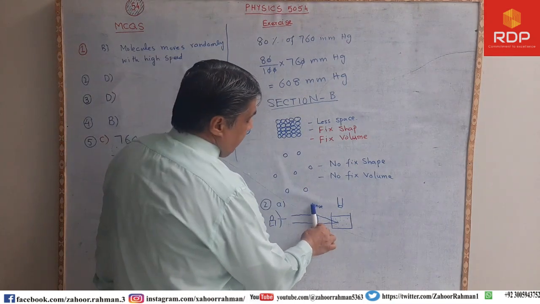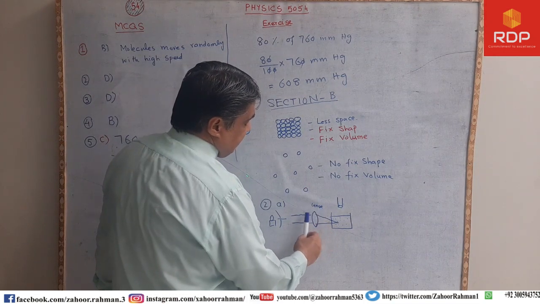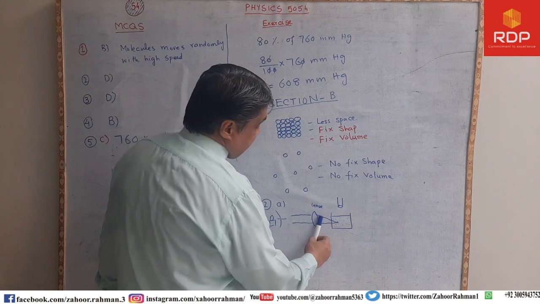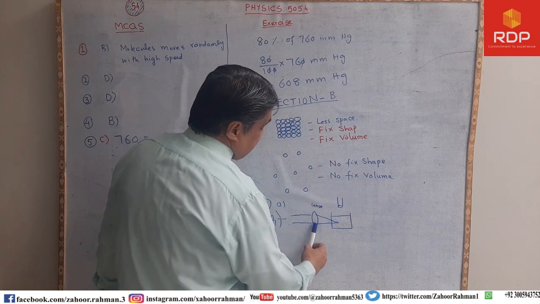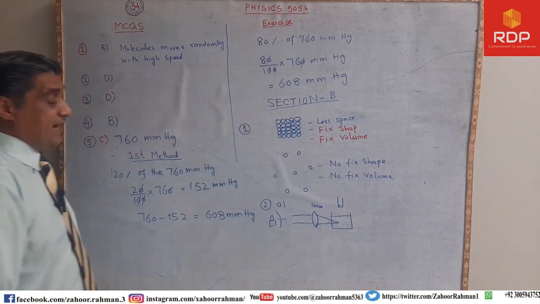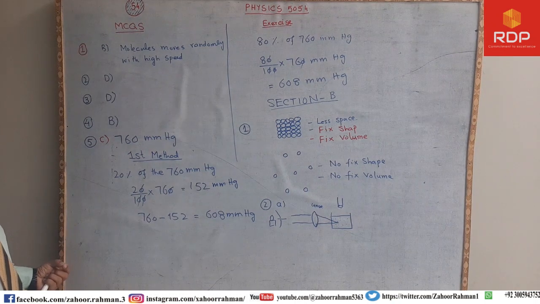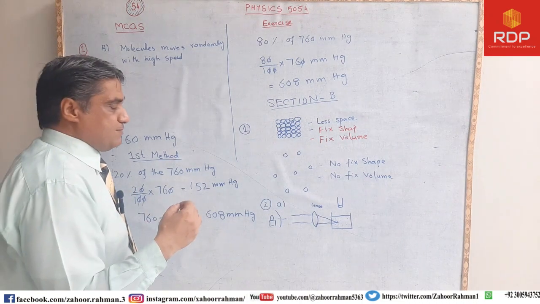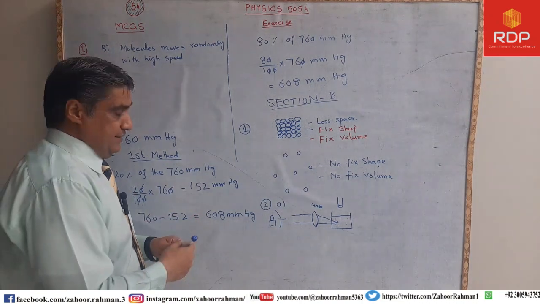The job of this convex lens is to concentrate these parallel lines of light coming from the light source at a particular position so that we can observe the smoke particles.